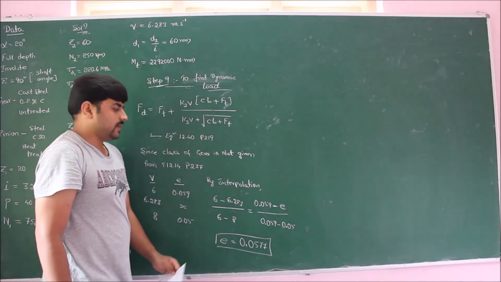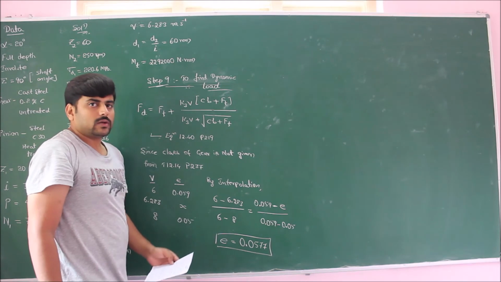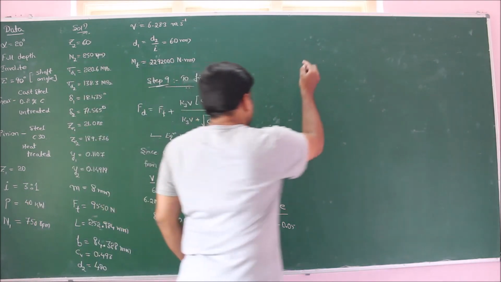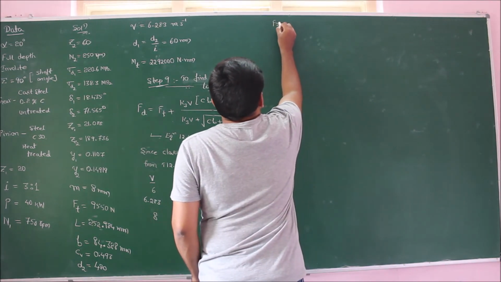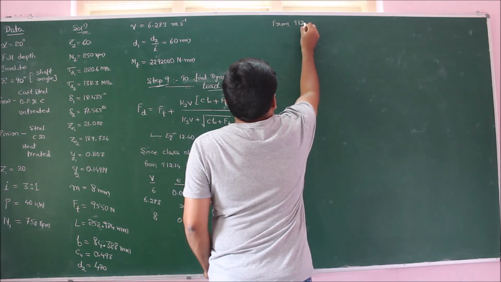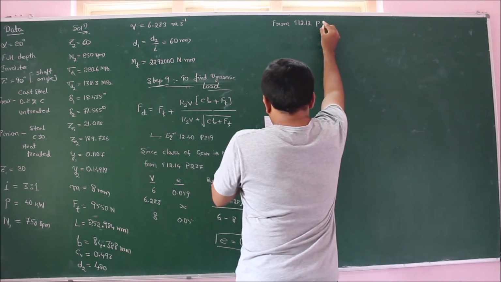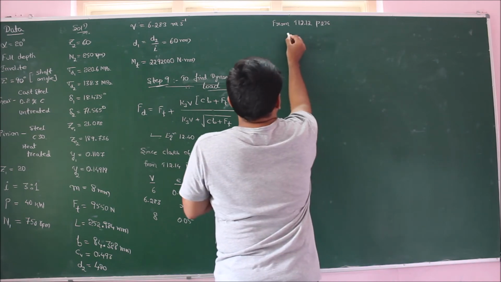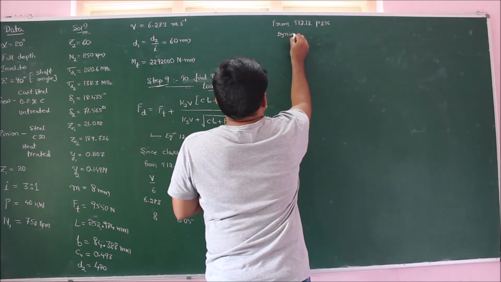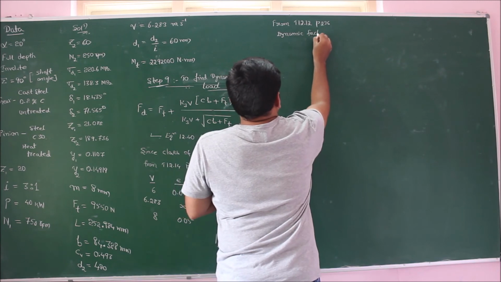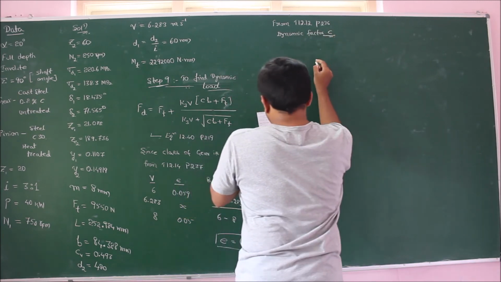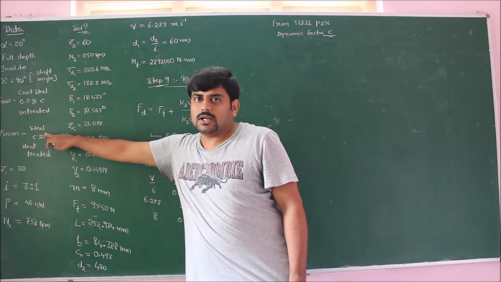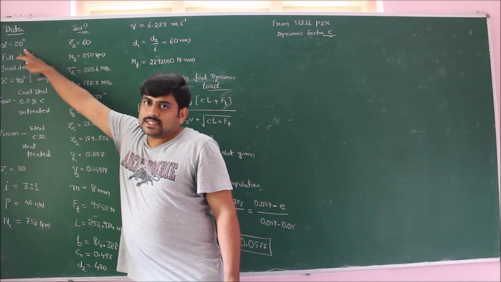Once you obtain the value of error, use table 12.12 to find the dynamic factor. Now, to find the dynamic factor, from table 12.12 of page number 236, we have the dynamic factor C. If you observe, both gear and pinion are made of steel and steel combination, and the value of pressure angle is 20 degree.